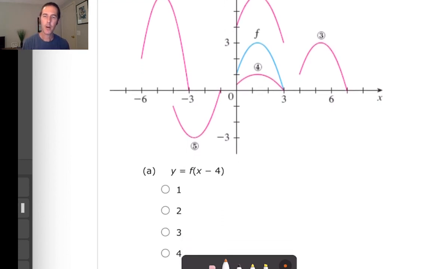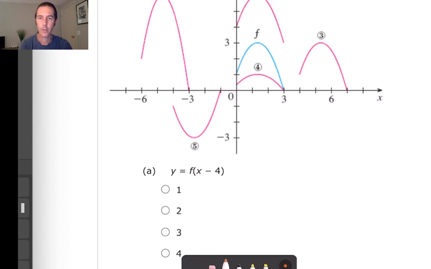So for example, part A has a -4 inside the parentheses, so inside the function, and that -4 causes a horizontal shift. And because it's inside the parentheses, you might want to think of it as the opposite of what you would normally think.